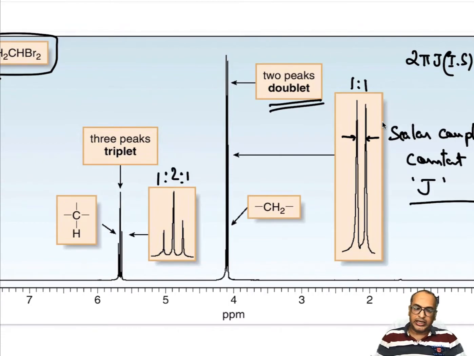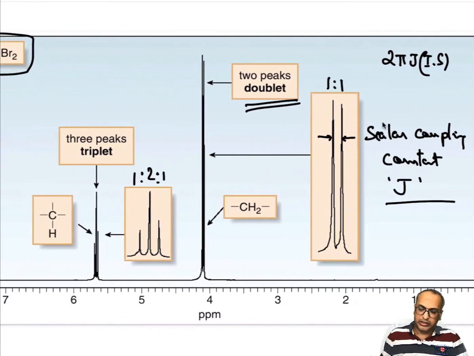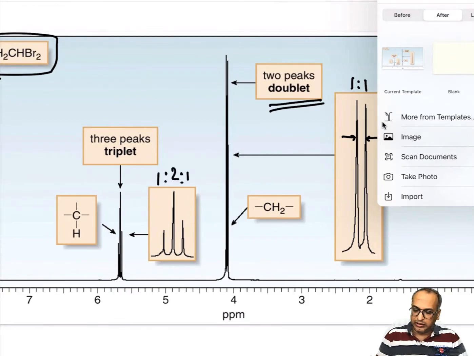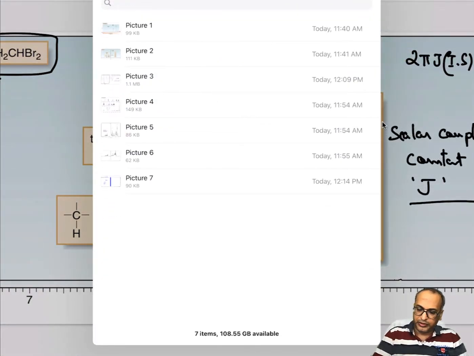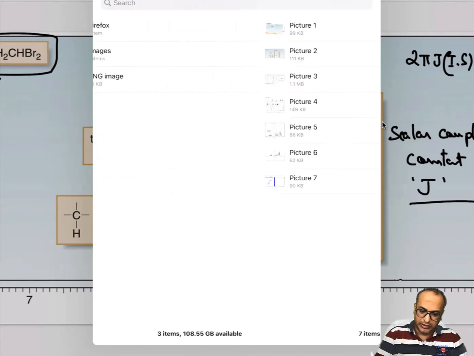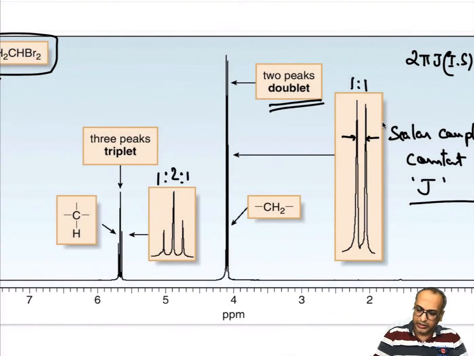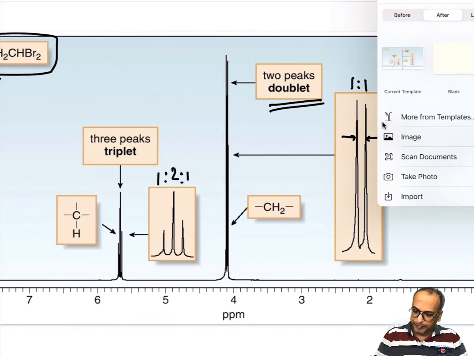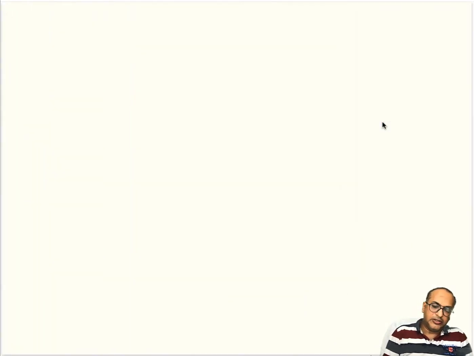So the last feature in this series, in the proton NMR spectrum, is line width.